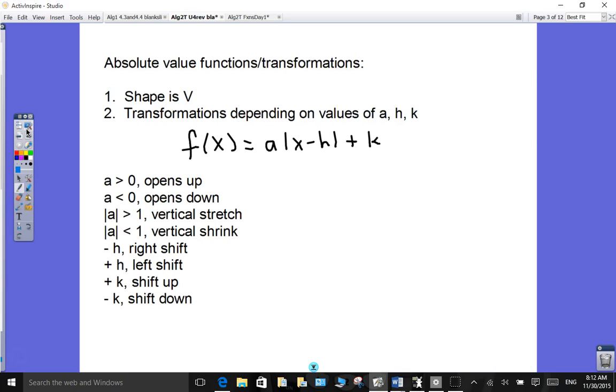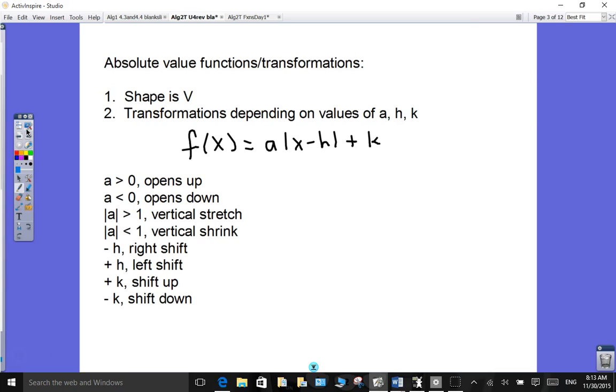If the A is greater than 0, that means the V opens up. If the A is less than 0, it means the V opens down. If the absolute value of the A is greater than 1, it's going to stretch it. It can stretch it up or down based on the sign, but that's why it's absolute value. If the absolute value is less than 1, it's going to be a shrink. It'll make it go up slower or go down slower if it's opening down.